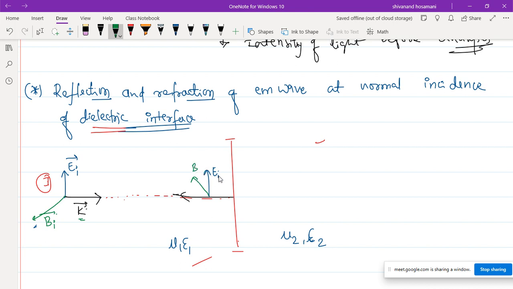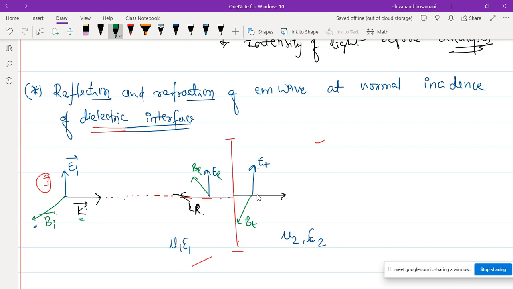This is the reflection part, this is also the reflection part, this is K reflection part, the reflected part. Some part transmits and goes through in this direction. The electric field remains in the same direction, it is the transmitted electric field. The magnetic field will be the same in this direction, but this one is not the transmitted magnetic field.